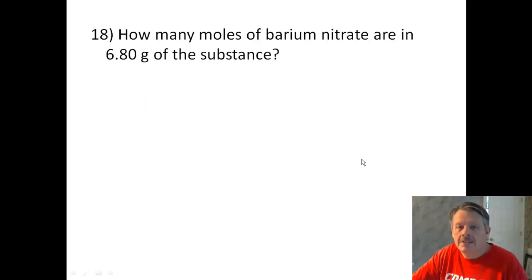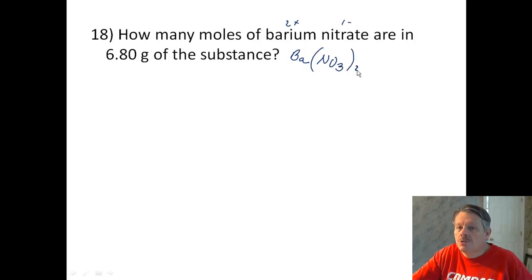How about 18? Ooh, we have barium nitrate, and it's grams, so we have to figure out how much barium nitrate weighs. Well, barium is Ba, nitrate's NO3, and I have a 2 plus charge and a 1 minus charge, so they crisscross, so I have to have 2 nitrates. So it's Ba(NO3)2.